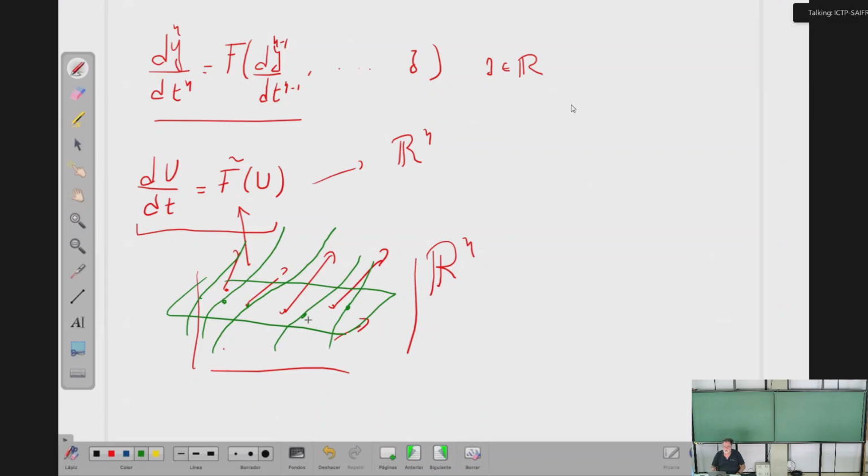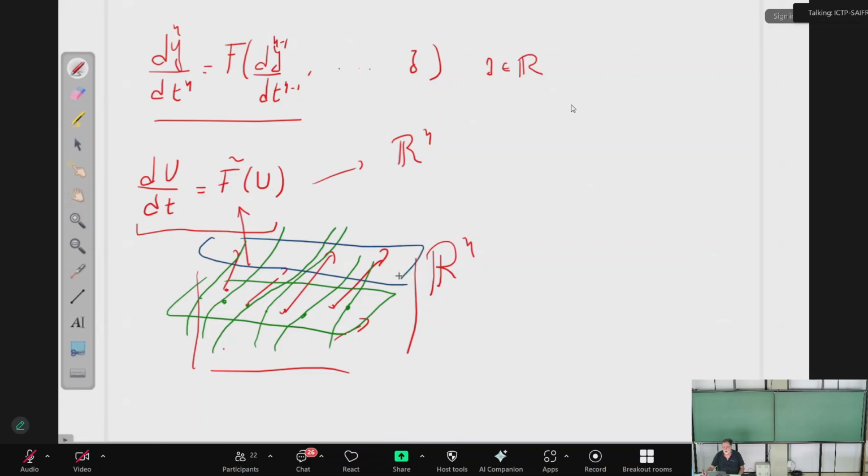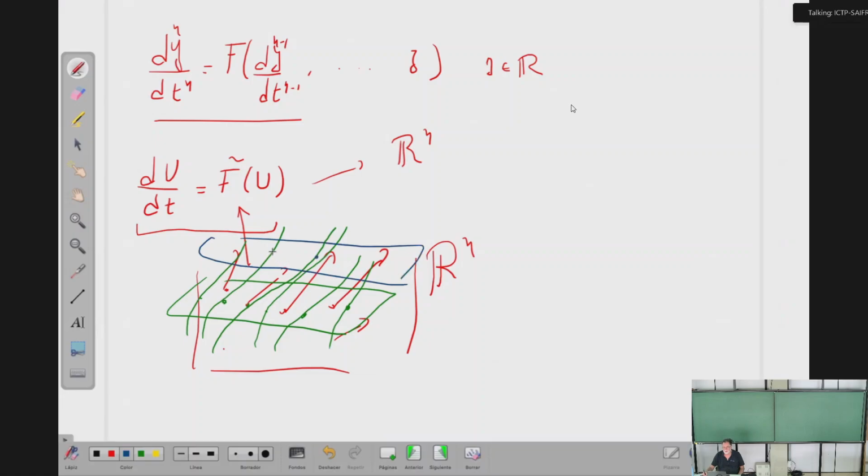We'll see something like that later on. Of course, this surface is not unique. We can take any other surface and characterize the solutions where they cross it, and this will be the same as the solutions we got here. But it's a way to classify the solutions.